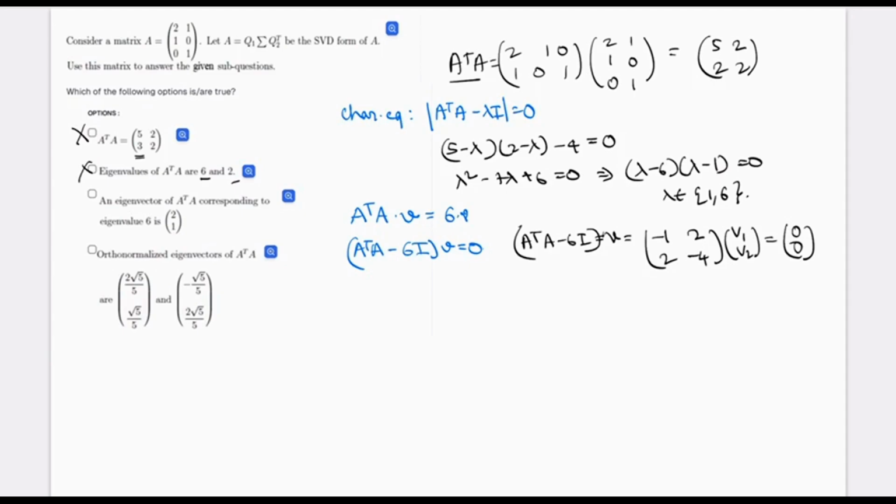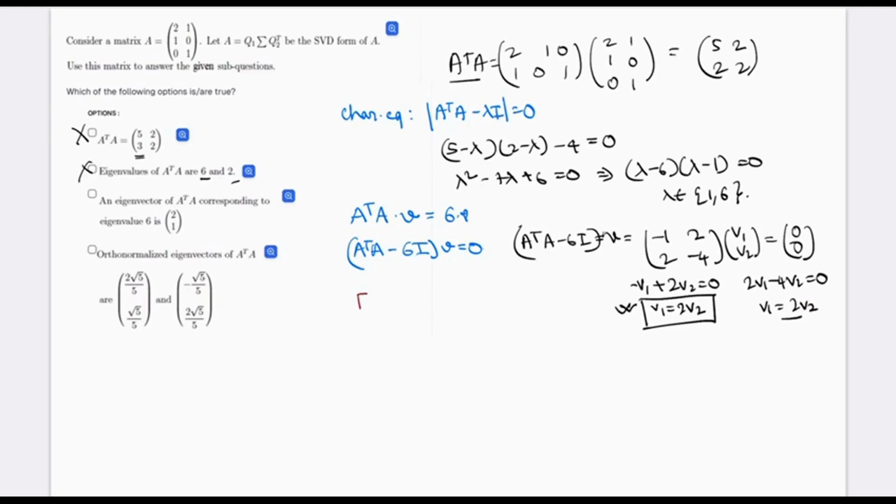From the first row we can say minus V1 plus 2 times V2 is equal to 0, which means that V1 should be equal to 2 times V2. From the second row we can say that 2V1 minus 4V2 is equal to 0. That means V1 is equal to 2V2 again. It's the same condition, right?